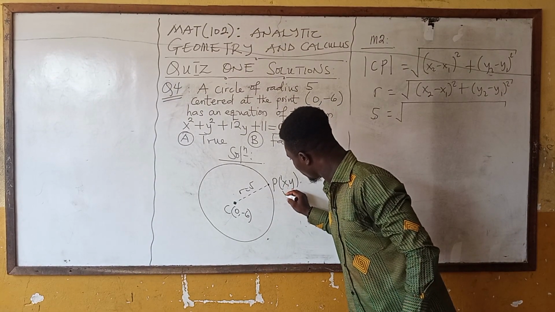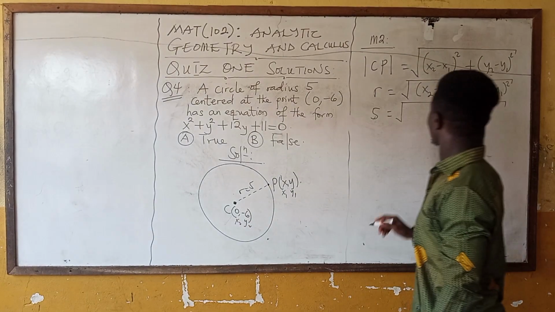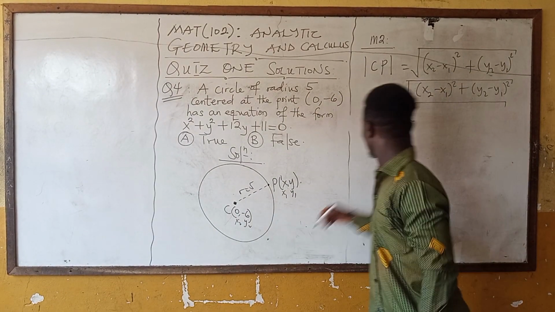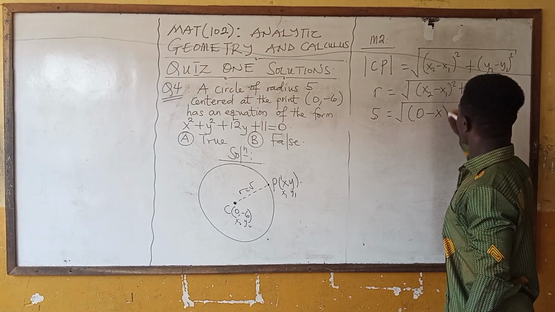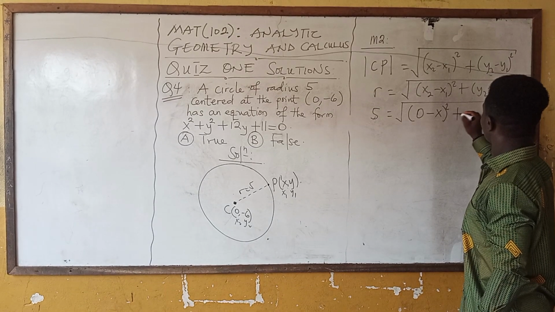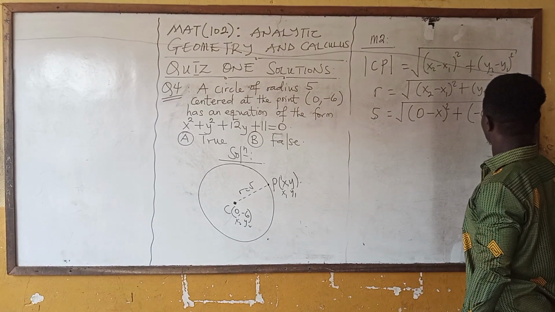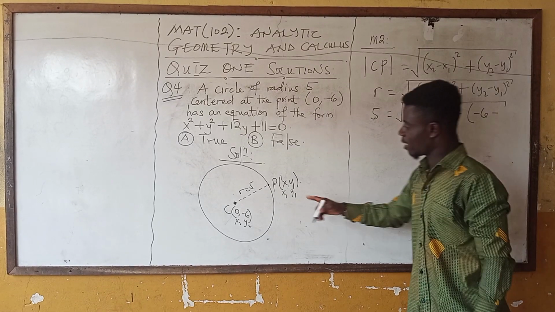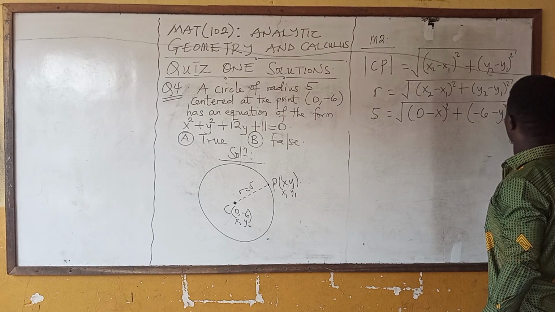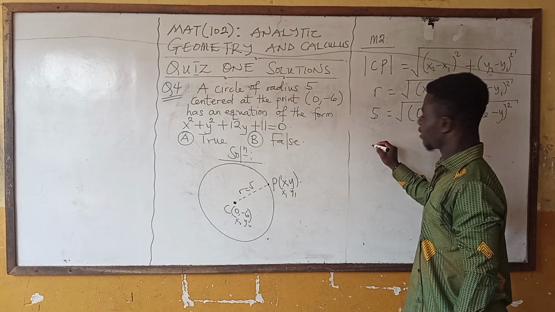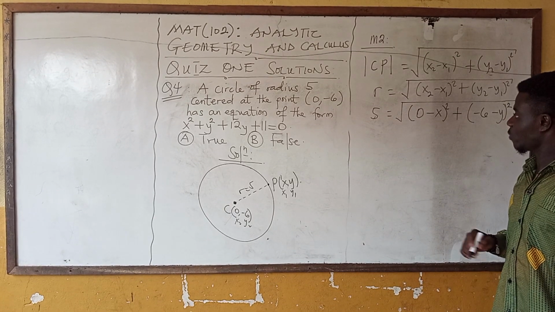I have my x1, y1, my x2, y2. So our x2 is 0 minus my x1 which is x, squared, plus my y2 which is negative 6 minus y1 which is y, squared. So we have this. Now let's take the square on both sides of the equation.